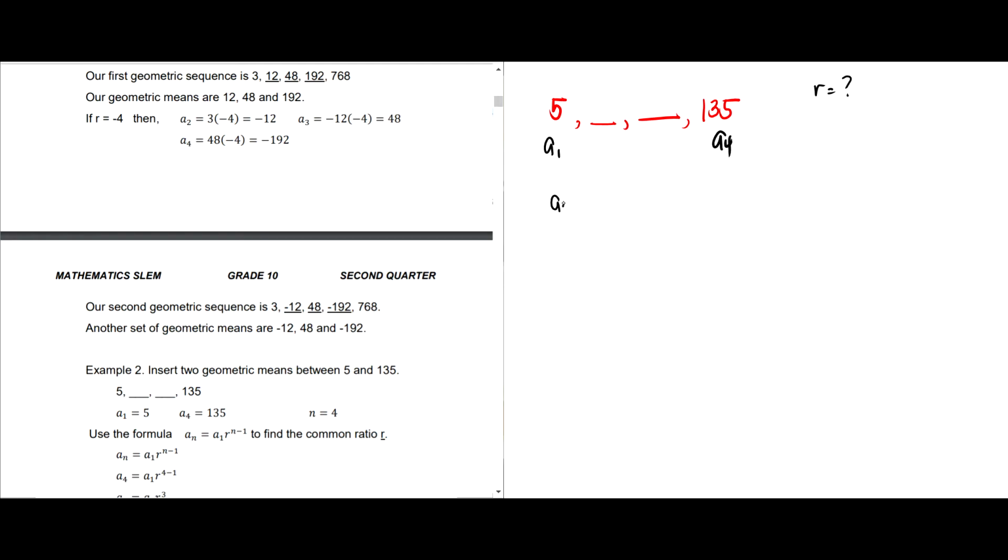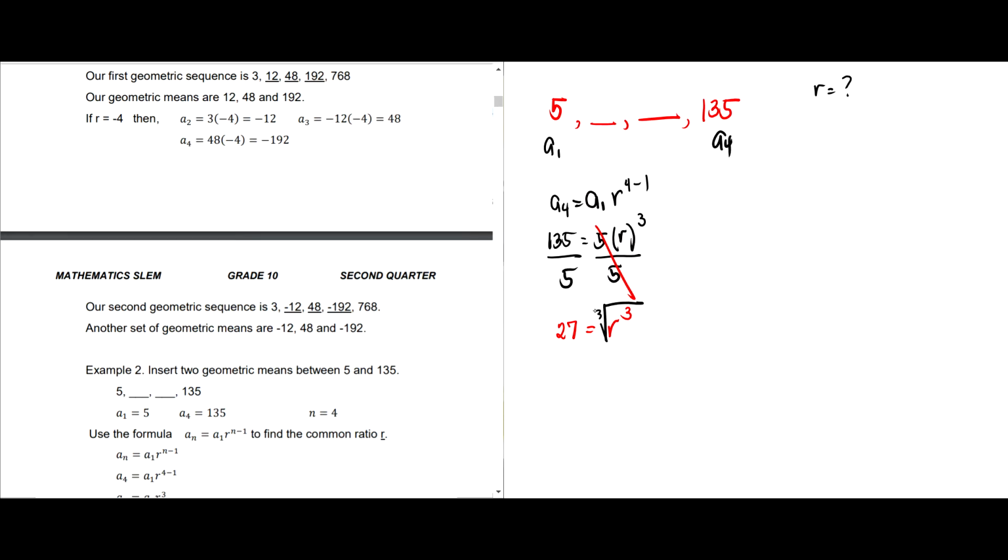So, a sub 4 is equal to a sub 1 times r raised to 4 minus 1. Your a sub 4 is 135. Your first term is 5. Your r is unknown. And this is cubed. So, we divide both by 5. Cancel 5. And then 135 divided by 5, the answer is 27. Now, this is the cube root.